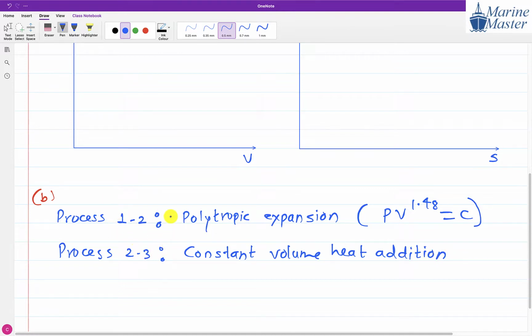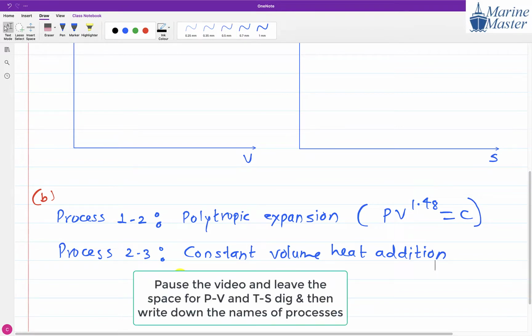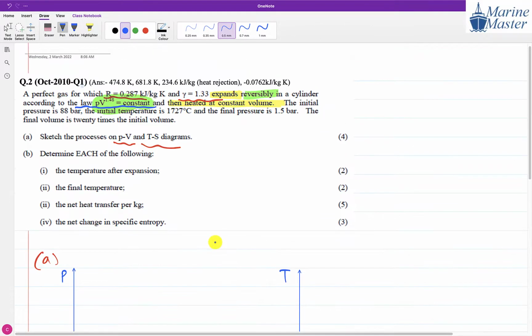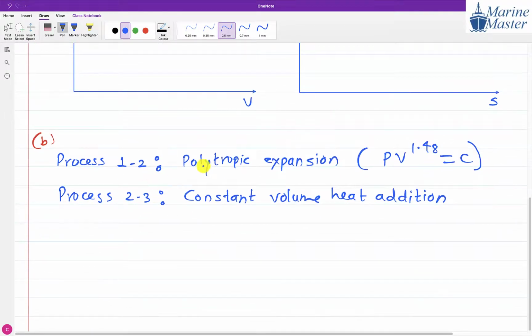First of all, please write down the names of these two processes. Now after writing the names of the processes, how many states do we have here?